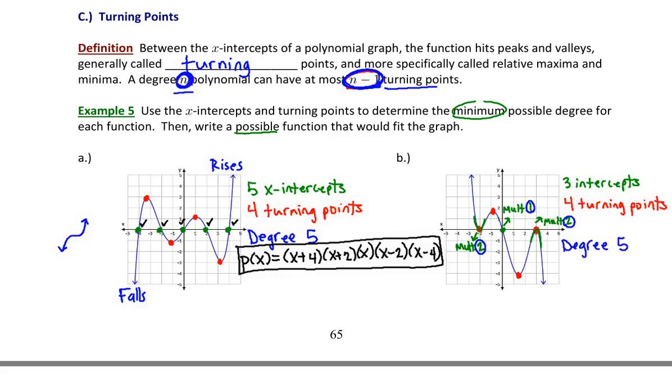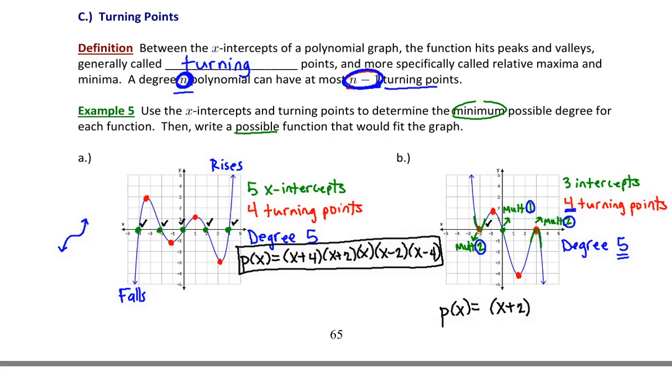Now our polynomial fits the rule, because we have degree 5 with 1 less than that for the number of turning points. Keep the behavior of the polynomial at those x-intercepts in mind as we write the equation of its function. So starting with our first x-intercept, the 0 there is negative 2. That means it came from a factor x plus 2.